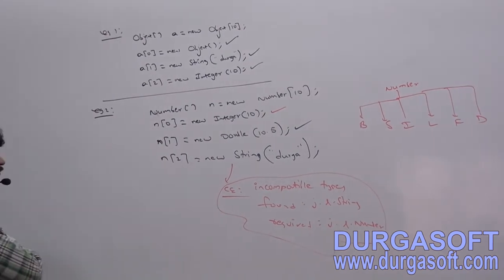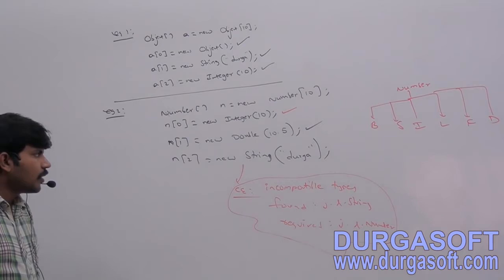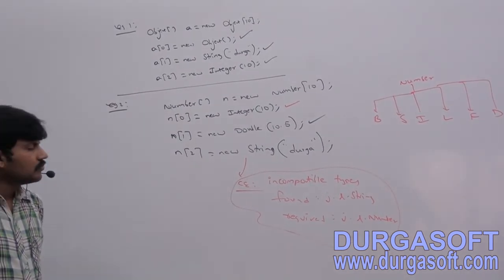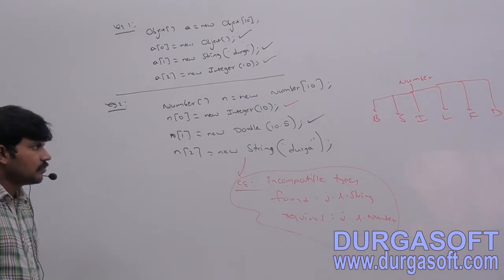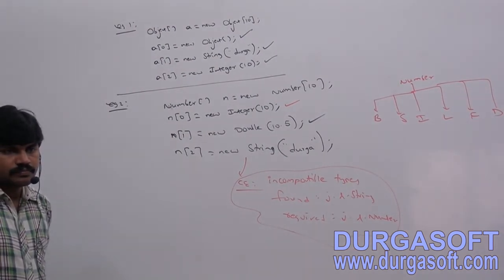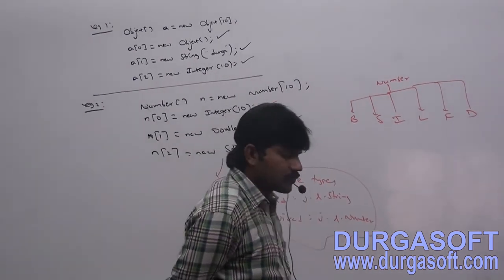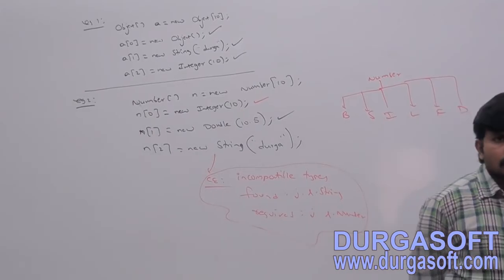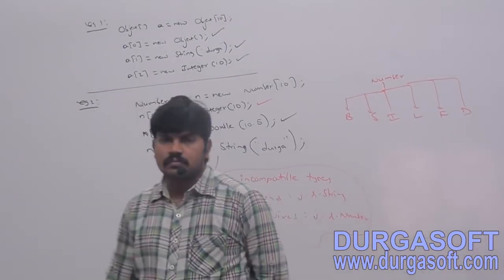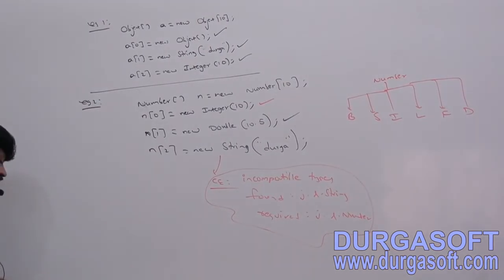N of 0 new Integer of 10, new Double of 10.5. Now clear for you people, right?